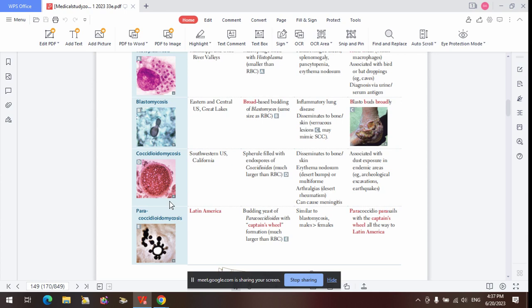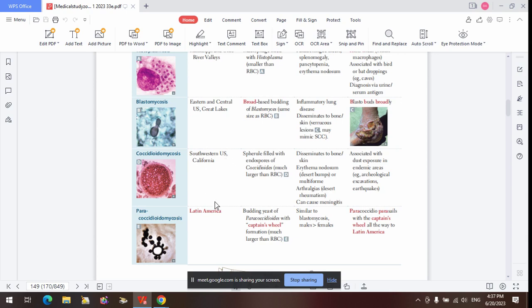If it goes to the bone, what does it cause? It can cause arthralgia. It can cause osteomyelitis too, but it has a triad. There's something we call desert rheumatism. This coccidioidomycosis is typically found in the deserts of states within the southwestern region of the US and California.